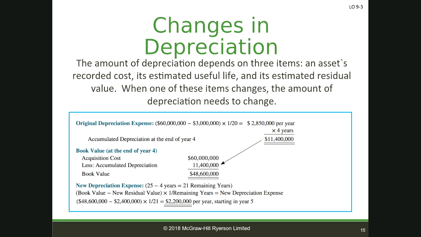So the accumulated depreciation would be 13,600,000. You should definitely know for the midterm exam how to do these calculations with respect to changes in depreciation. It's a very common question on midterm exams.